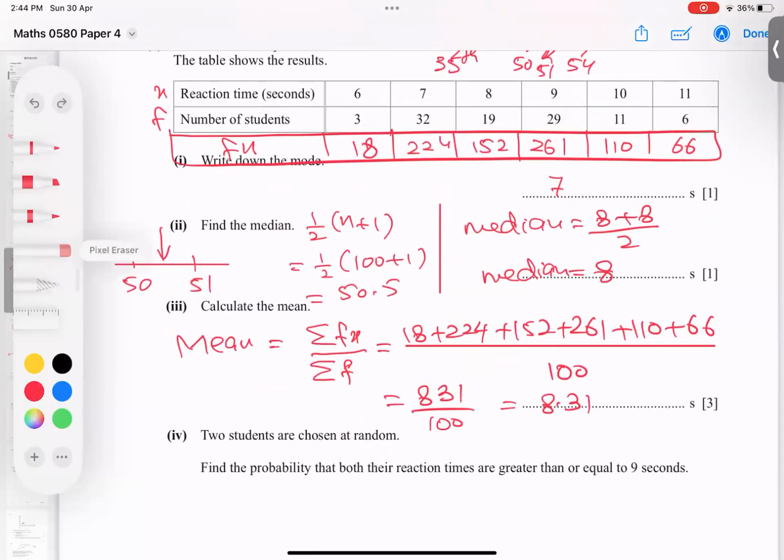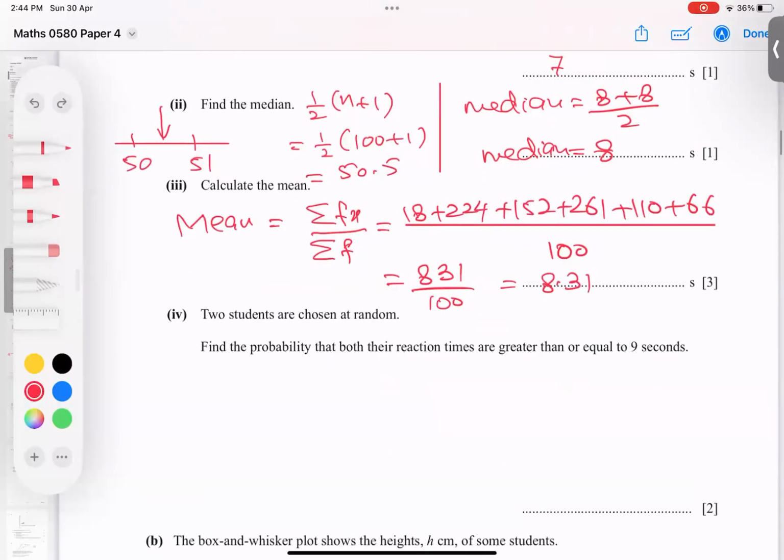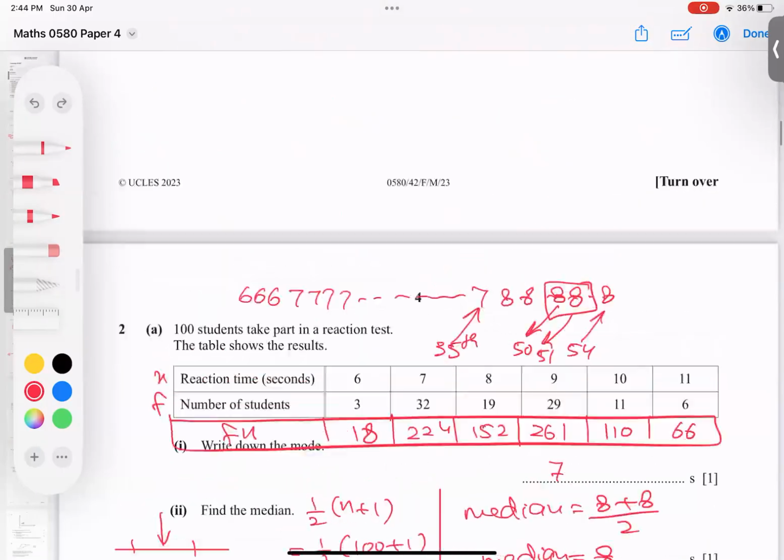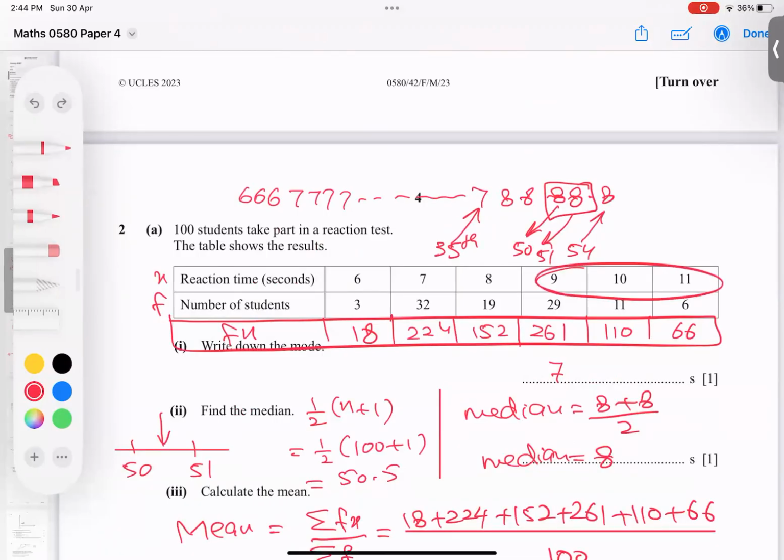Two students I choose at random, meaning a first student and a second student. What is it saying? Find the probability that both of their reaction times are greater than or equal to 9. So 9 and bigger. How many students are those?